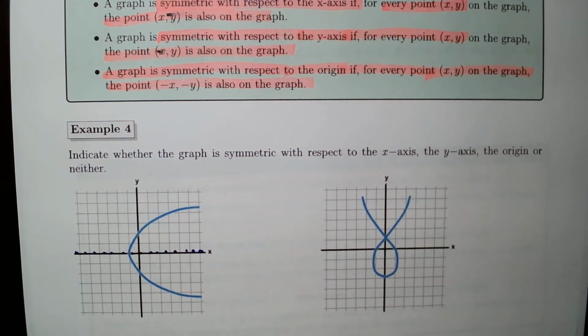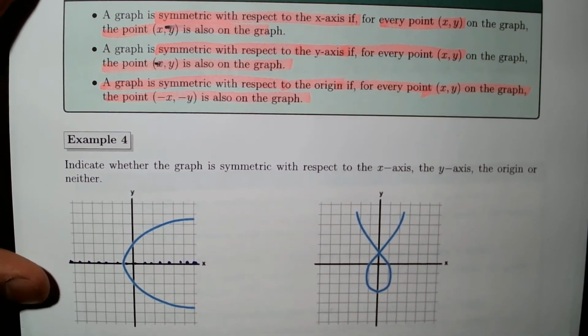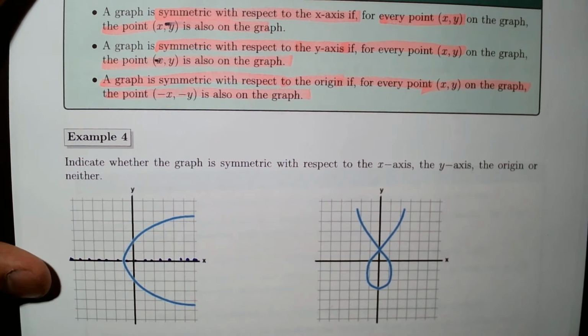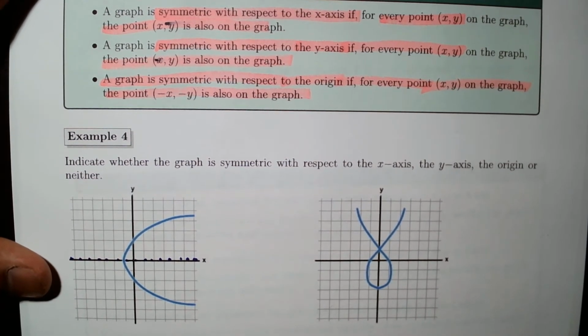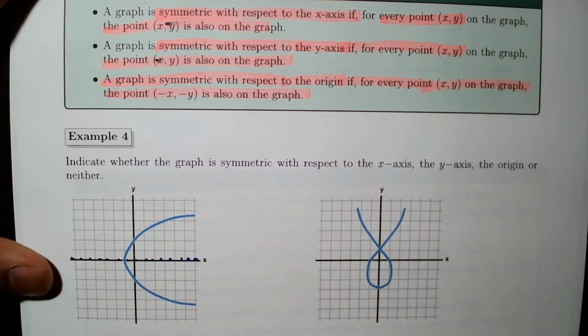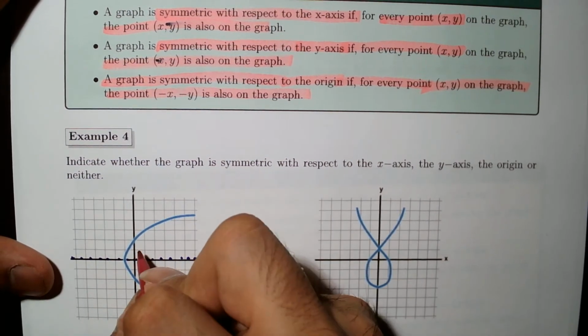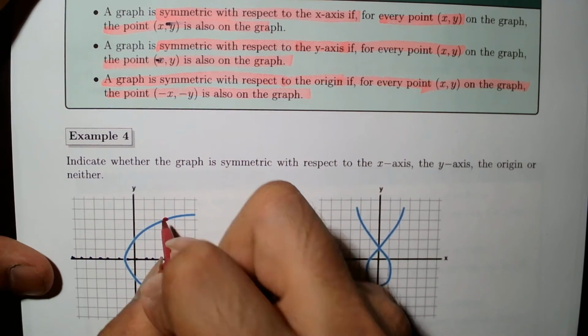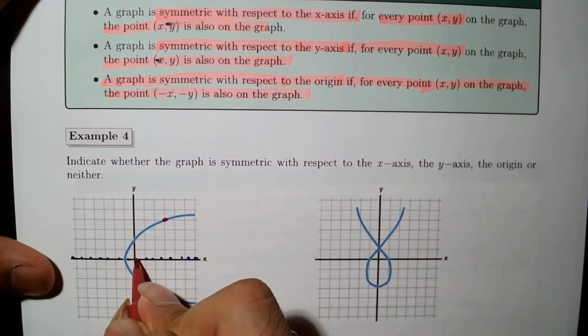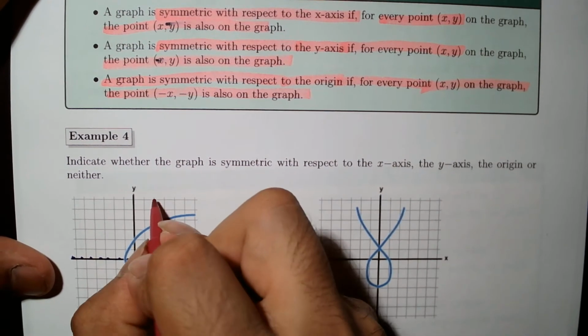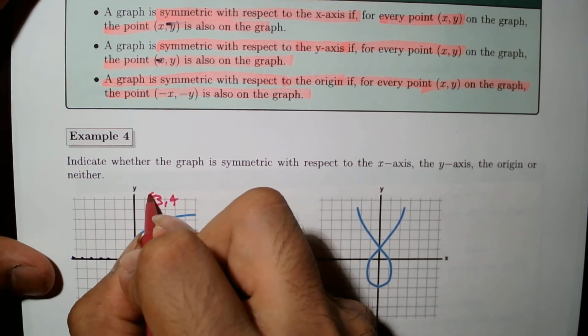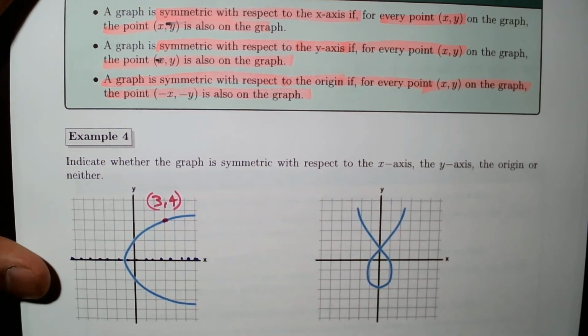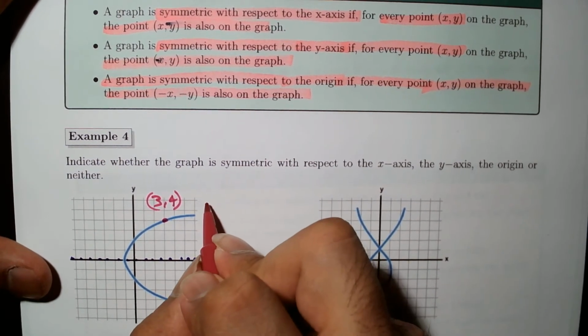It's the reflected image, right? However, if we use the definition, this is what I'm going to do. I'm just going to take any point, preferably a point that is easy to plot, like this point, which to me looks like the point 3, 4.